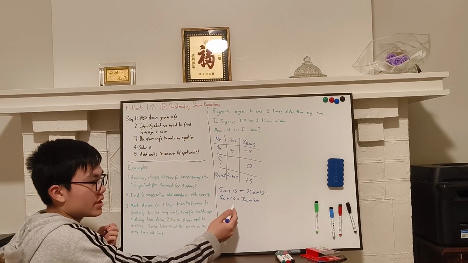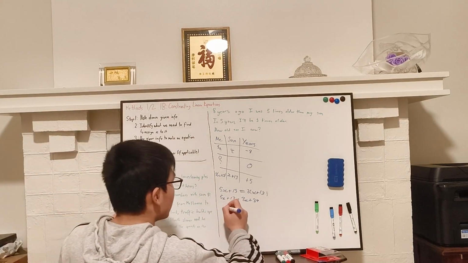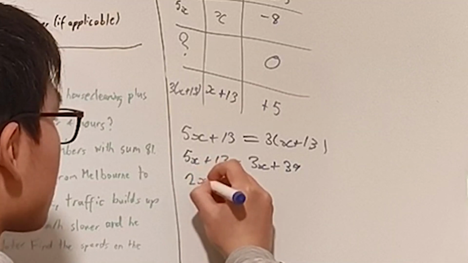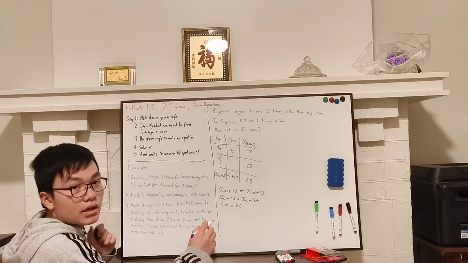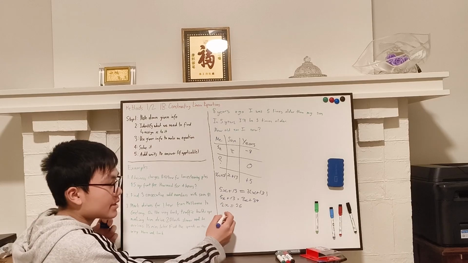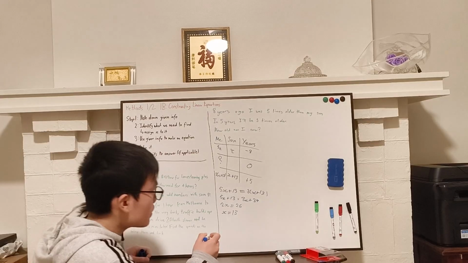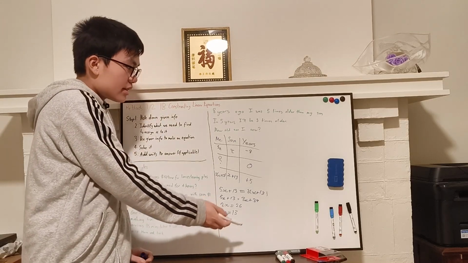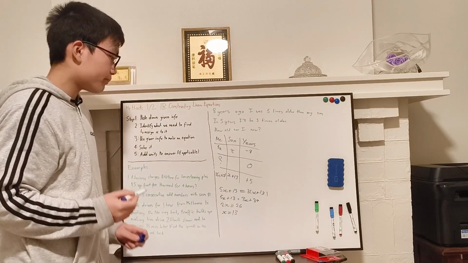So what we do is we bring the like terms over to the other side. So 2x equals 26. And here we've got our x amount, so x equals 13. Now x equals 13, that was how old his son was 8 years ago.